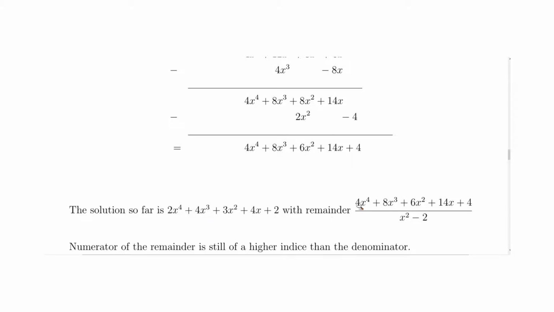And this is our remainder, which is 4x to the 4, 8x cubed plus 6x squared, and so on, divided by x squared minus 2. So this here is the bottom bar that we just calculated here. So that's there. The x squared minus 2, that's our original denominator. And this here is our quotient, which is on the top line.